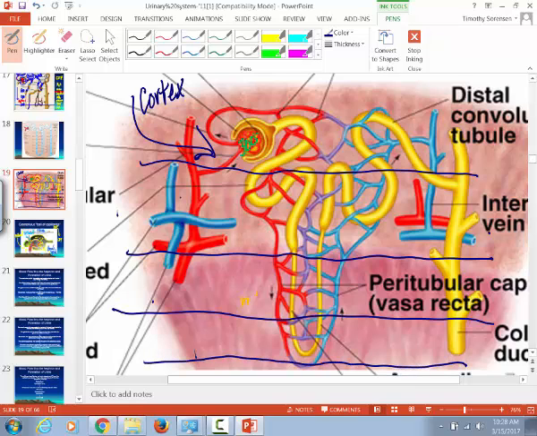And as you do this, as you move from the cortex of the kidney to the medulla of the kidney, the osmolarity progressively goes up. So it started at 300, then it's going to move to 600, then to 900, and then to 1200.